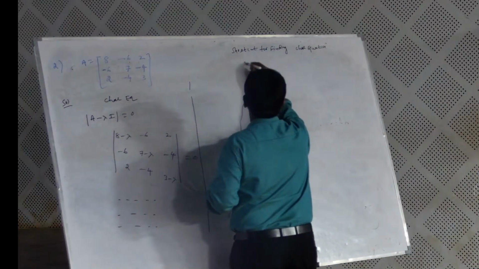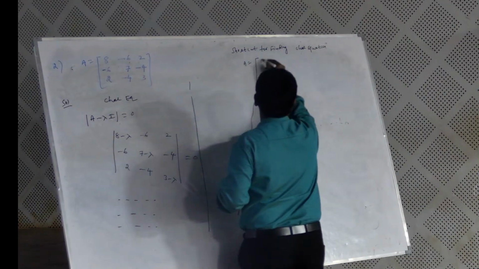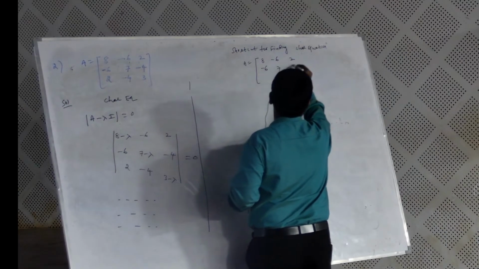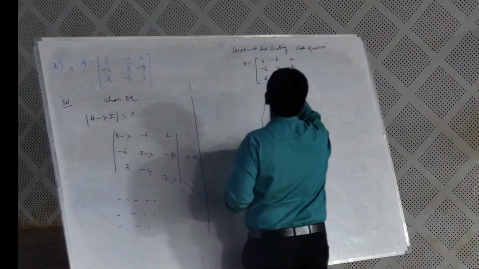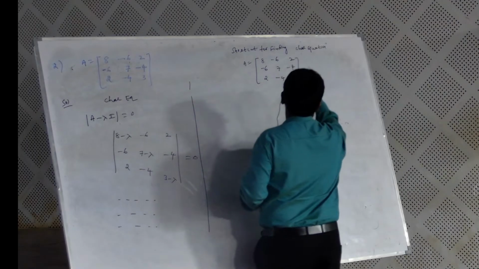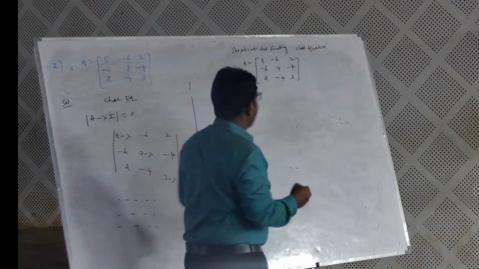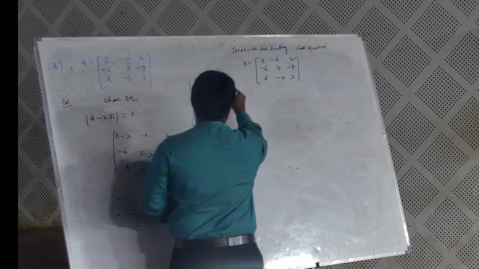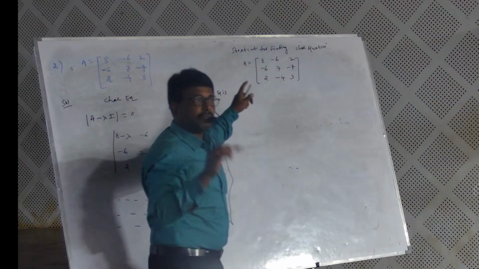What is the matrix? 8, minus 6, 2, minus 6. The characteristic equation is, and you may apply this shortcut for every matrix.